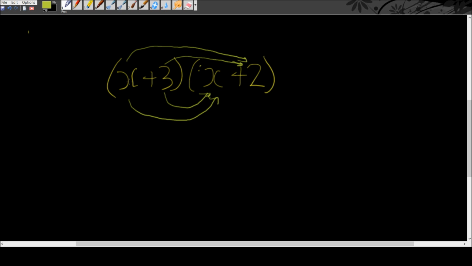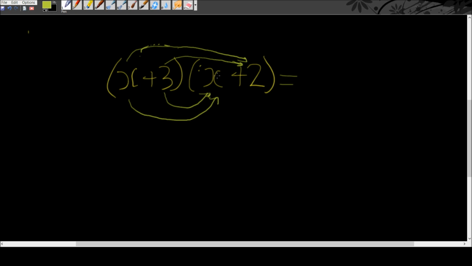So if you see what I'm doing here, guys, I'm multiplying the x by the 2, and the x by the x, and I'm multiplying the 3 by the 2 and the 3 by the x. Don't worry, after a few examples we'll be able to understand this.